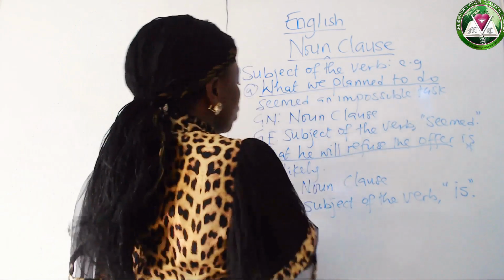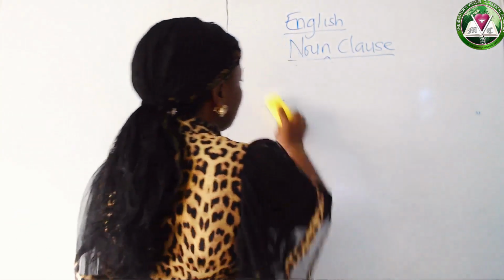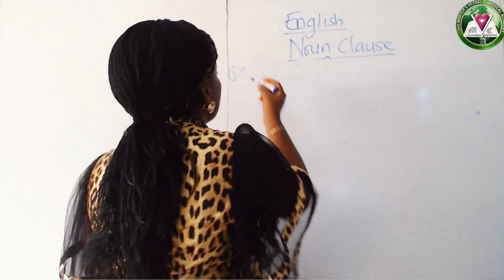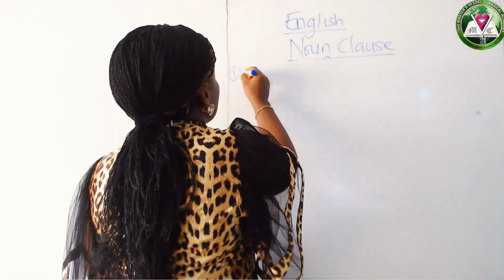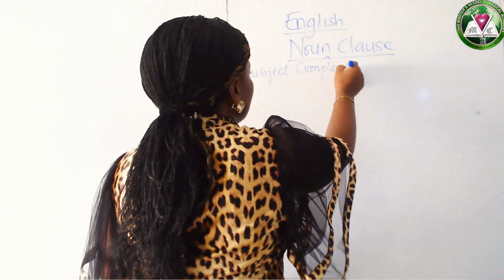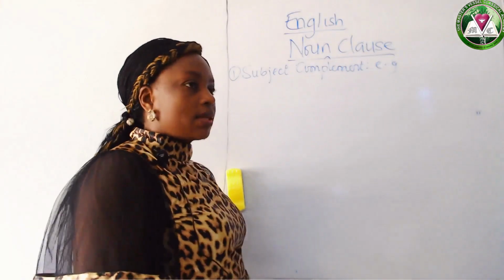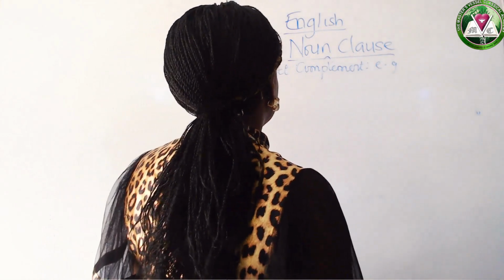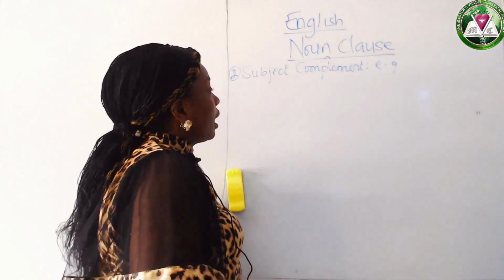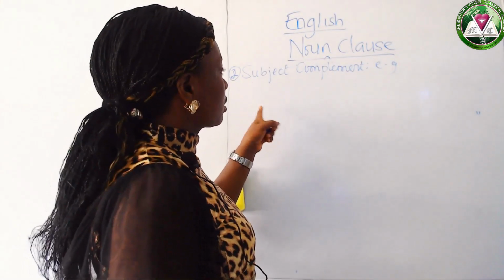Now we move to number 2. Our number 2 is subject complement. Okay, in subject complements, the noun clause is the same thing and the same person as the subject of the sentence.